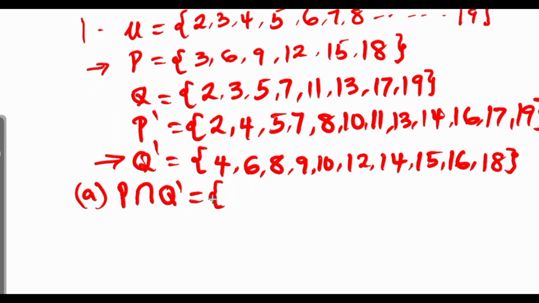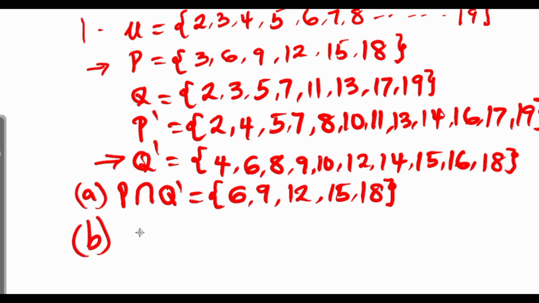So let's look at P and Q prime. I can see 6 in both sets. We have 9 in both sets, 12, 15, and 18. So this is P intersection Q prime.